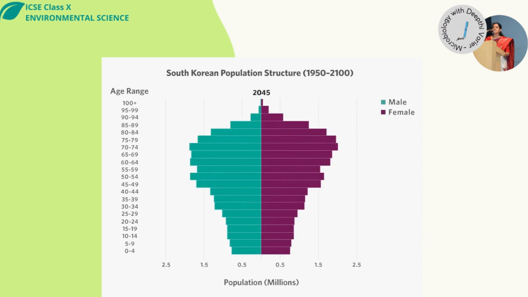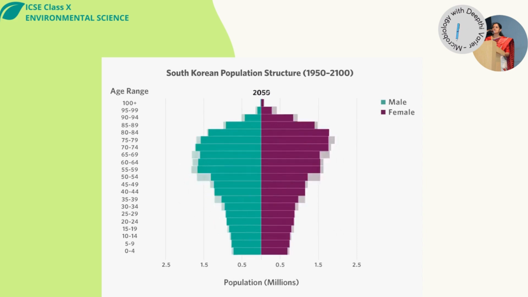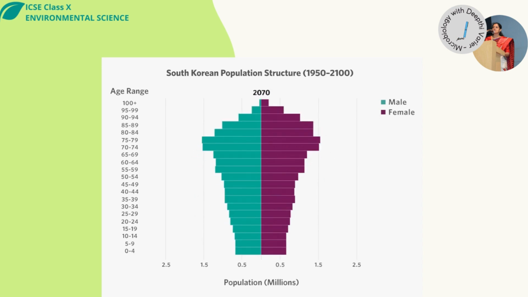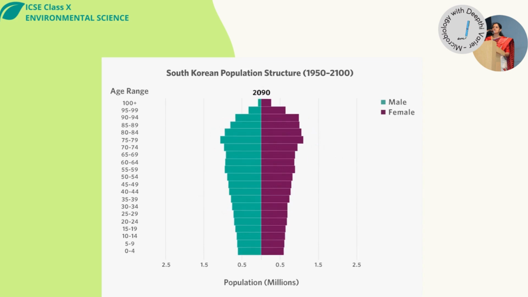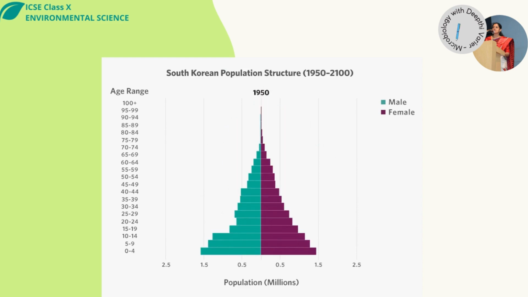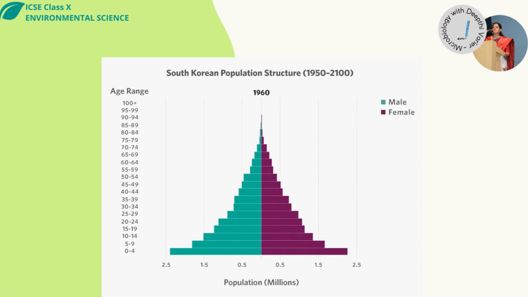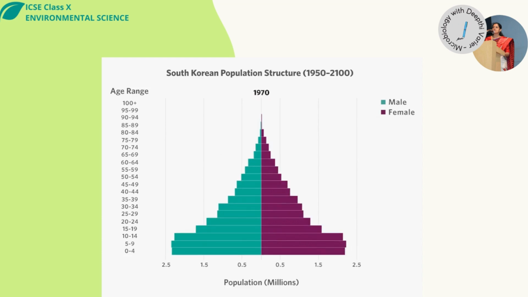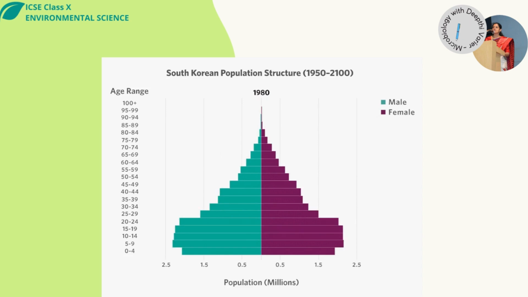They have only 0.84 births per woman. What does that mean? It means that the birth rate is very, very low, and that is why the population declined for the first time in 2020. And as you can see over here, this is the prediction for the population in South Korea for the next few decades as well.